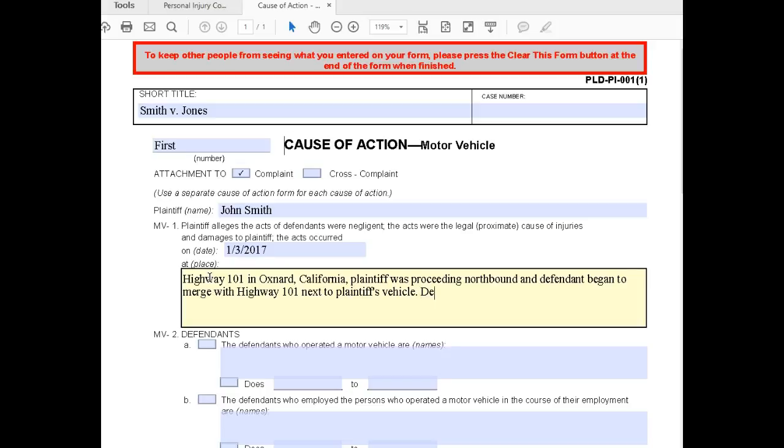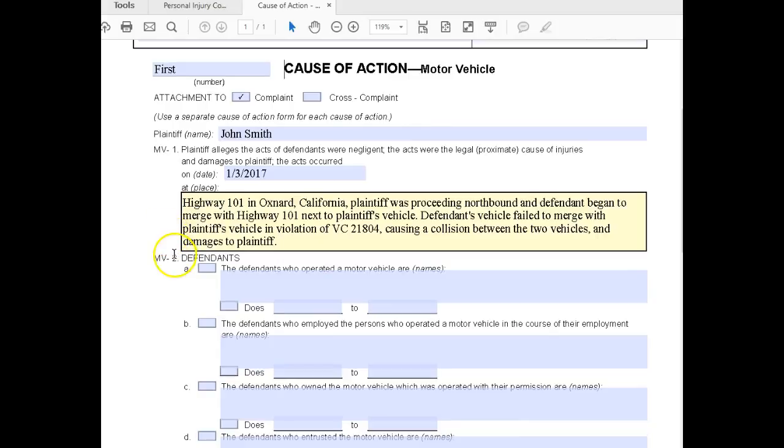And then defendant's vehicle failed to merge with plaintiff's vehicle in violation of Vehicle Code 21804, causing a collision between the two vehicles and damages to plaintiff. Now, damage is just a generic term for any kind of losses that were suffered.